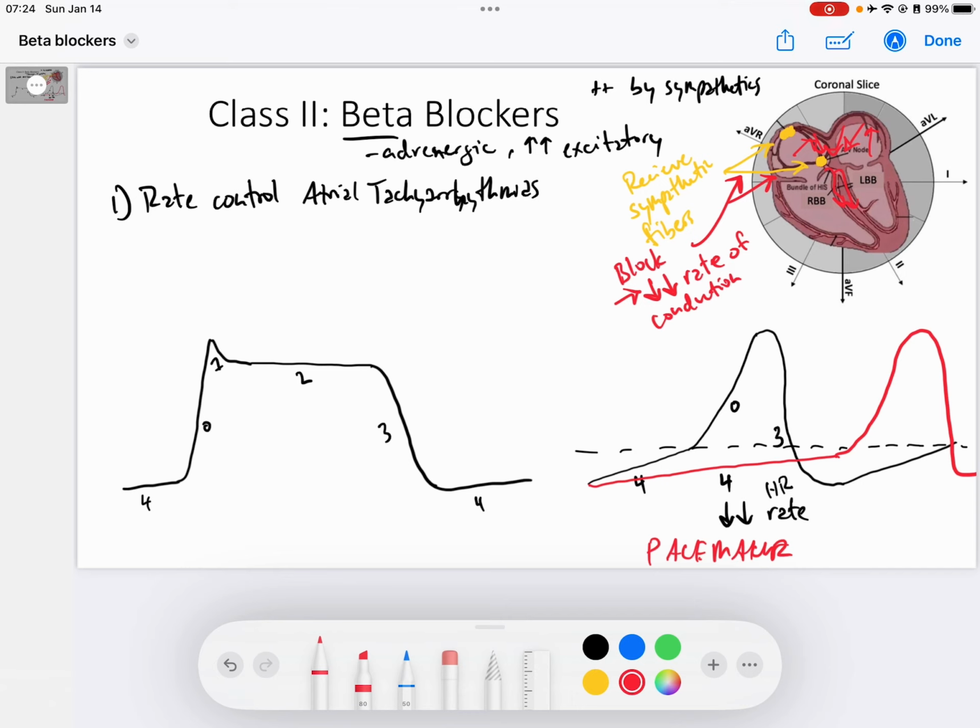We can also use beta blockers to decrease our cardiac excitability. Beta blockers can actually decrease the amount of calcium in the cell, and so they can decrease what we would call inotropy, which is the squeeze portion.